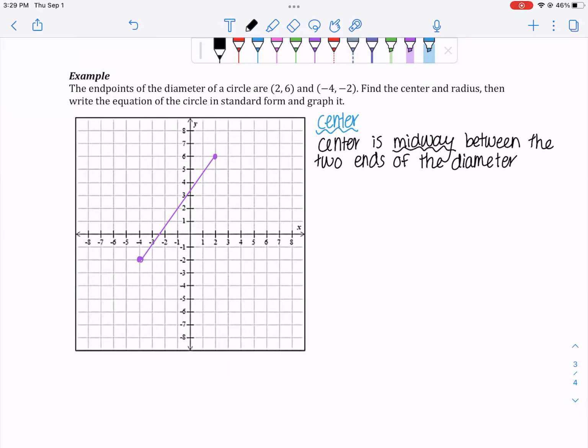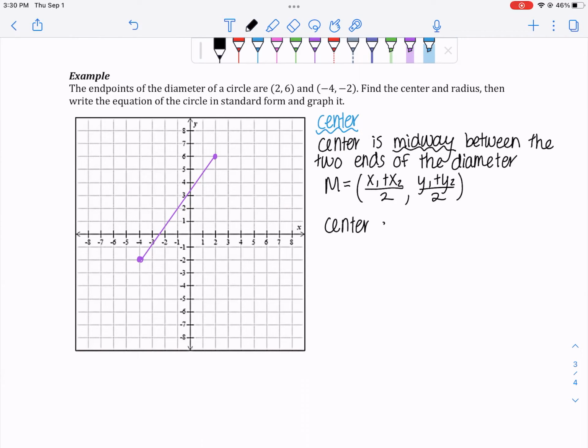Just so happens that we have a formula for the midpoint of a line segment. If we have 2 points, (x1, y1) and (x2, y2), the midpoint is ((x1 + x2)/2, (y1 + y2)/2), essentially the average of the 2 x values and the average of the 2 y values.